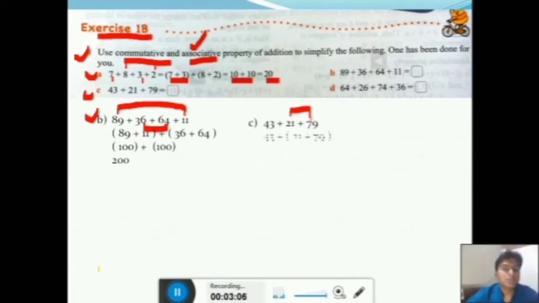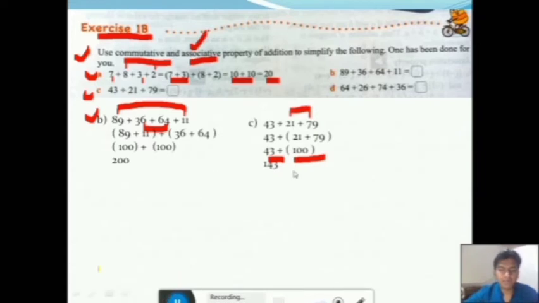So we will make a group of 21 and 79 here, and then it will result in 100. 43 and 100 we can easily add, and it will result in 143. So while making the group, we have to see the numbers which we can add easily, and it will give the answer easily.